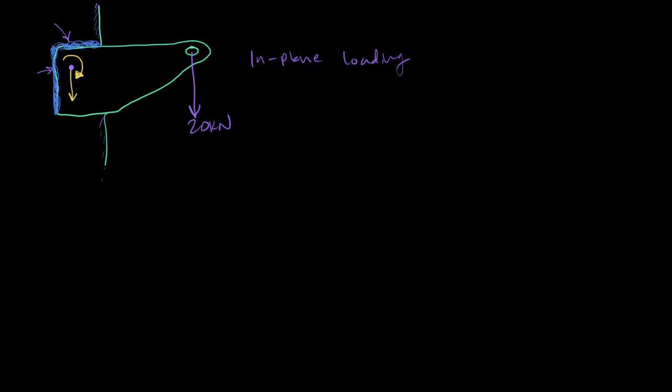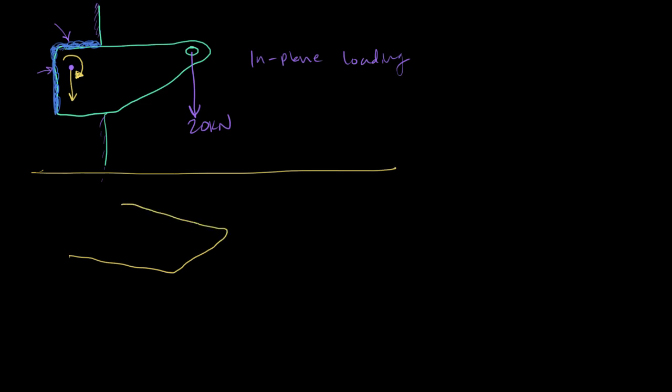If you have, for example, an out-of-plane load, let's say we have a scenario where we have a similar shaped bracket, but in this case the bracket is out here, and we have a weld that goes all the way around.